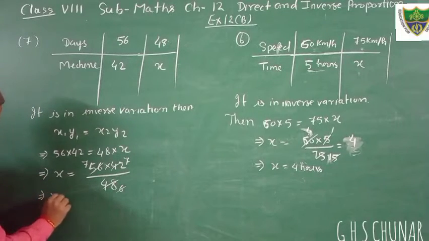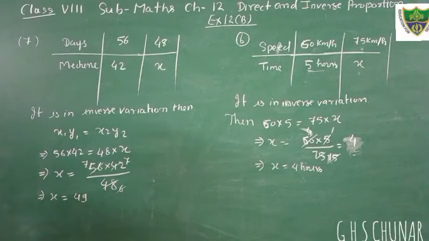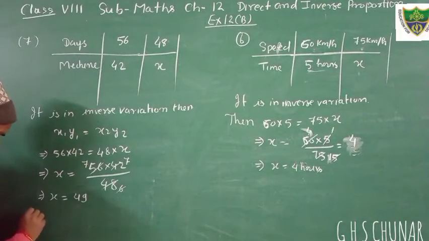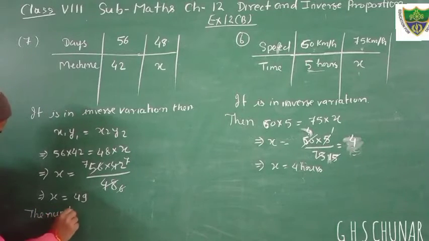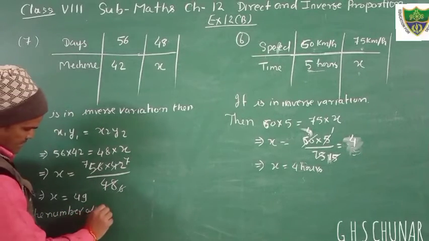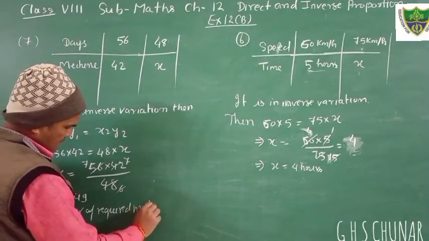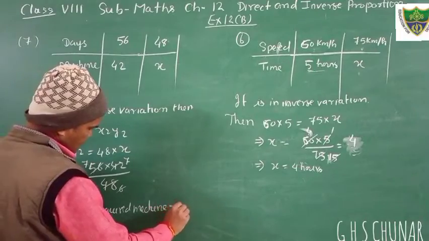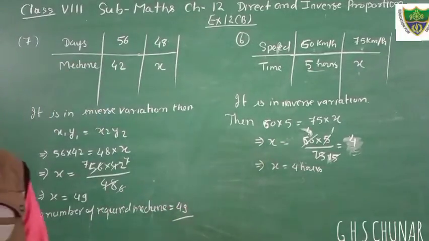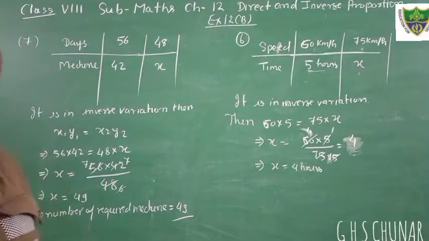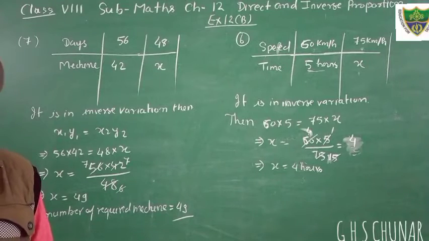Then x is equal to 49. The number of required machines is equal to 49. That's clear?